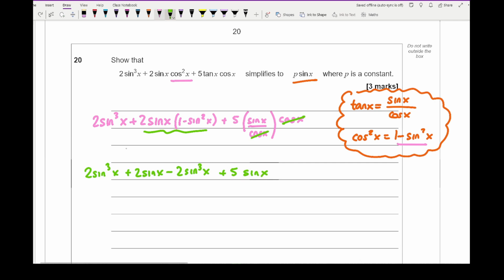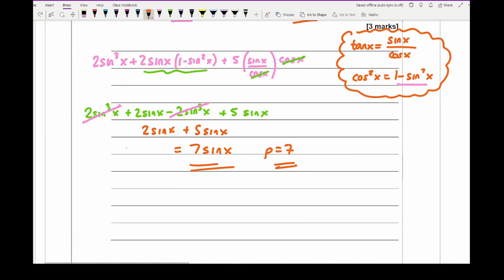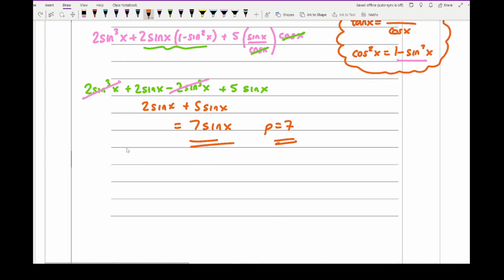Now from this, the 2 sine cubed x cancel out, so all that I'm left with is 2 sine x plus 5 sine x, which then simplifies to give me 7 sine x, which therefore means that p equals 7. Now you don't need to write p equals 7. This would be your final answer because I just want to write in the form of something multiplied by sine x.